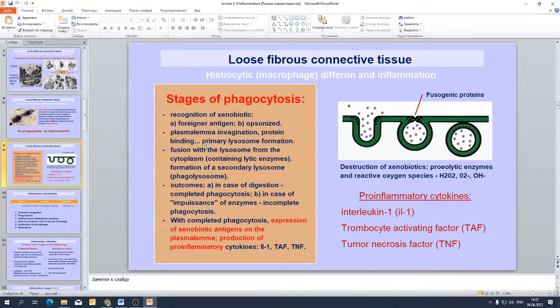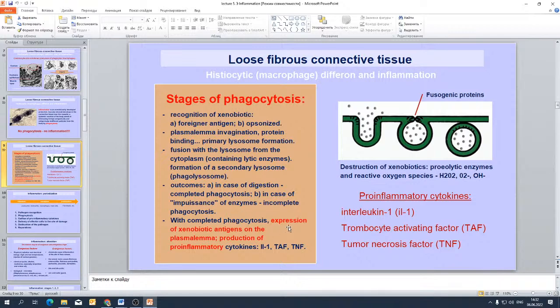Protein binding, primary lysosome formation, fusion with the lysosome from the cytoplasm. Outcomes: in case of digestion, complete phagocytosis, or in case of impotence of enzymes, incomplete phagocytosis.